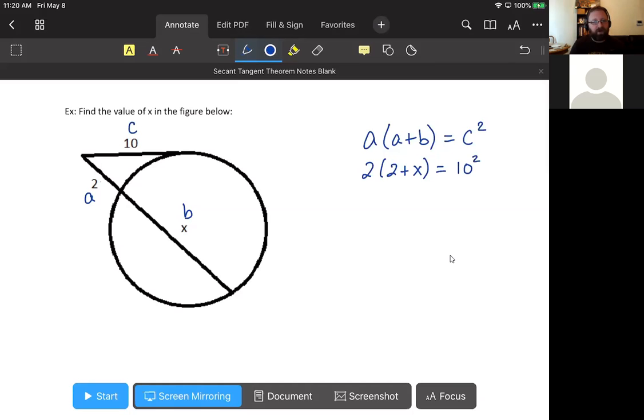So there's 2 ways to solve this equation. We can either divide both sides by 2 to start the problem, or we can distribute. And I think it's probably a better idea for you guys if we distribute, because a lot of you might make a mistake that would be regrettable if we don't distribute. So we'll do 10 squared, which is 100, and we'll distribute the 2, which gives us 4 plus 2x.